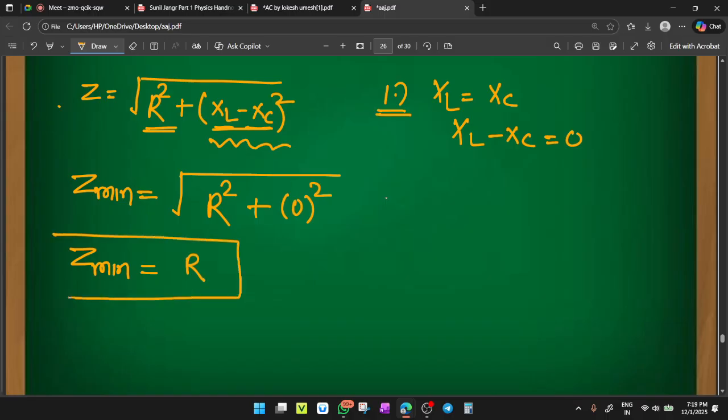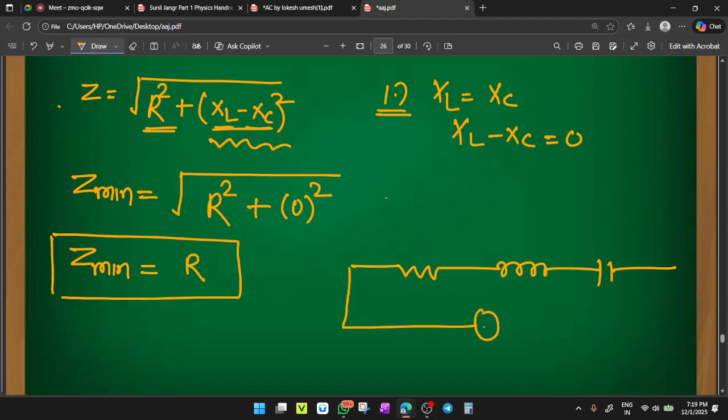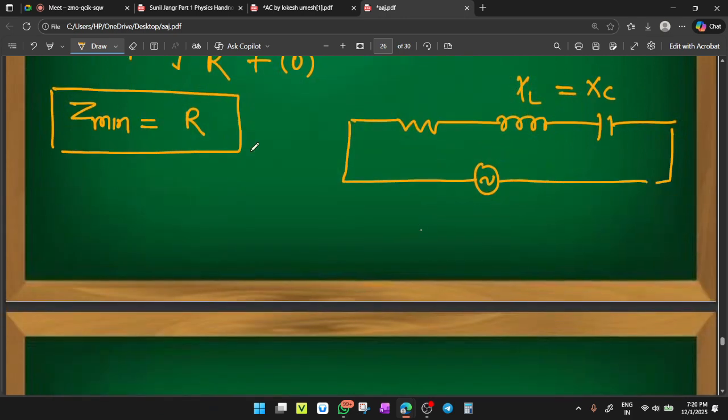So for a series LCR circuit, or RLC series circuit, they will cancel the effect of each other, and this circuit will behave as a purely resistive circuit. Whenever XL equals XC, these two components cancel the effect of each other, and the circuit has the minimum impedance.